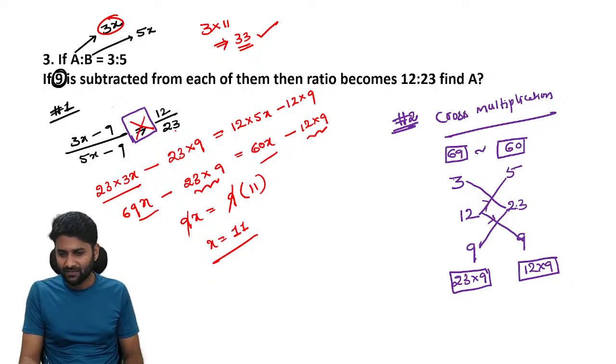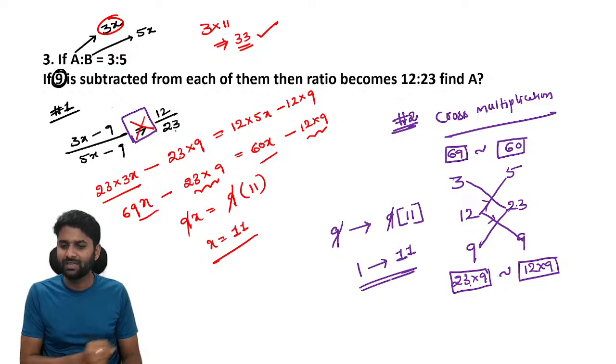Now just find the difference here and here. The difference here is 9 units. If it is 23 into 9 and 12 into 9, we can say that 9 is common, and the difference between 23 and 12 is 11 units. So 9, 9 cancel. Each unit value is 11.